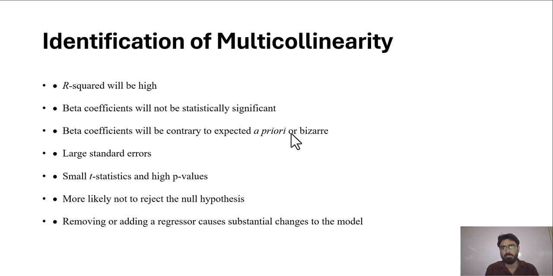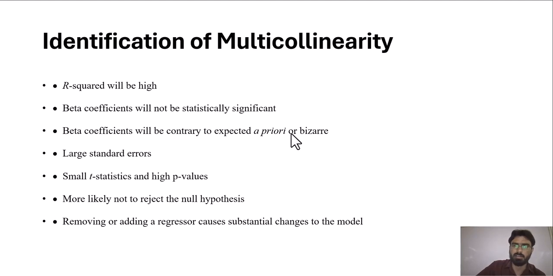So what's happening here? When we develop a model, we create a hypothesis, and in the hypothesis we said that there is a positive relationship between FDI and GDP, and the same for saving and GDP. But the results are telling us another picture: there is a negative relationship between saving and GDP, or maybe FDI and GDP.